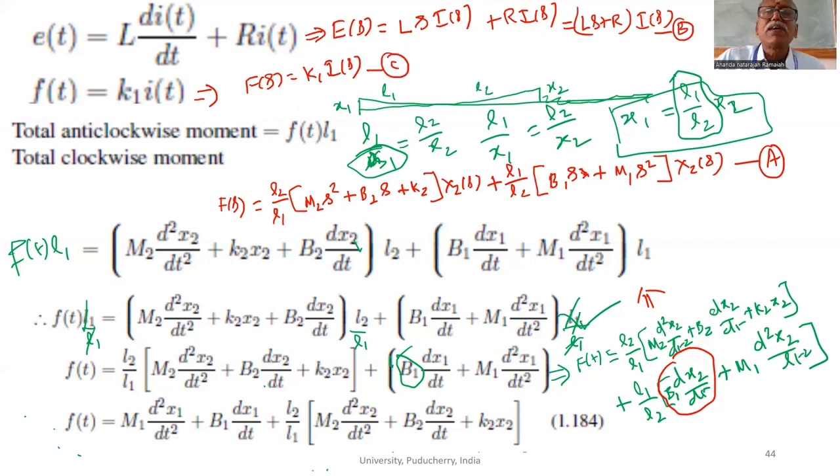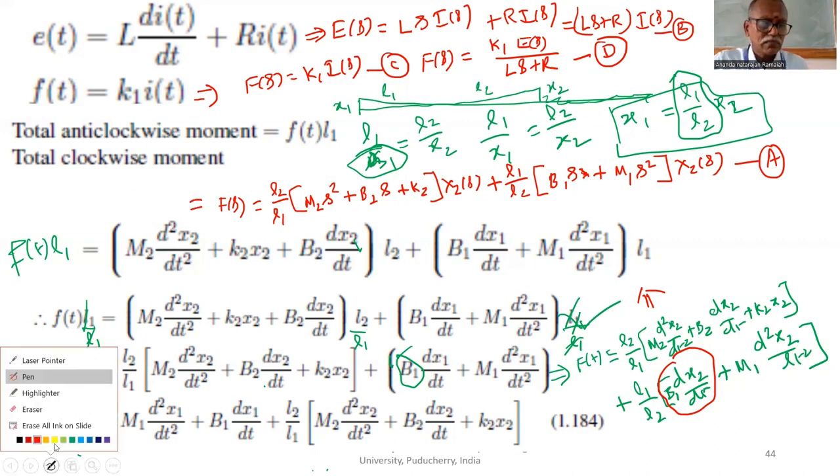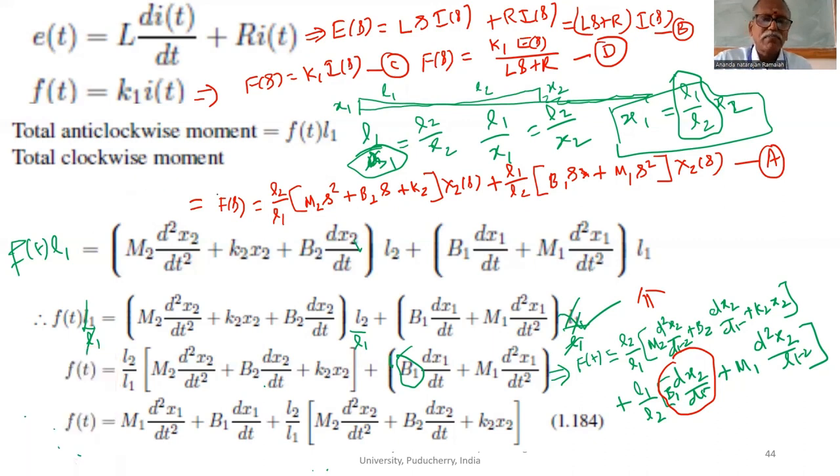I of s from B equal to E of s upon Ls plus R. Therefore, F of s equal to k1 into I of s, that is E of s upon Ls plus R. This is equation D. Substitute D in A. F of s can be replaced by k1 E of s upon Ls plus R.